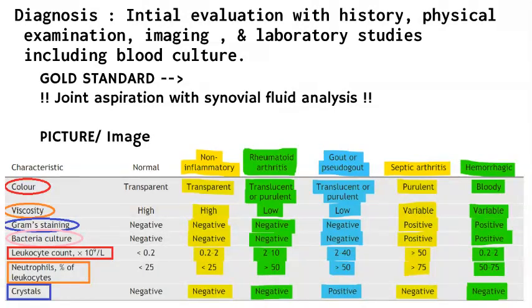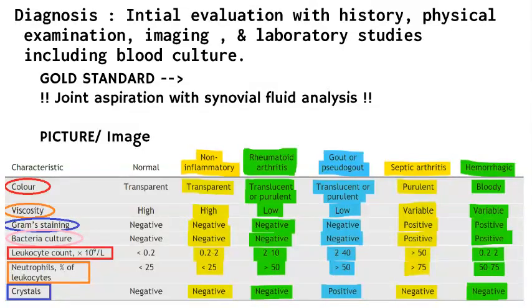For normal, usually the color is transparent with high viscosity, negative gram staining and bacterial culture, whereby the leukocyte count is less than 0.2 times 10 to the power of 9 per liter and less than 25% neutrophils. The crystal is negative.